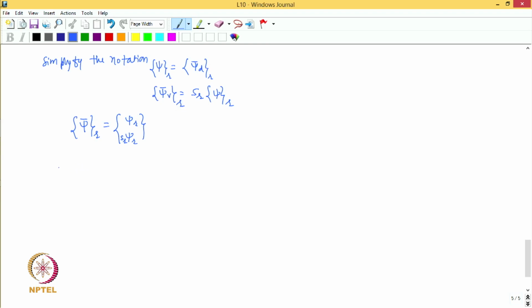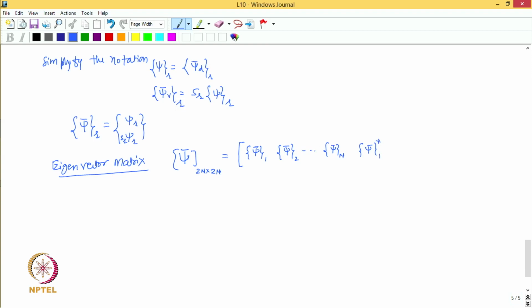So, let us define now the eigenvector matrix. The eigenvector matrix is a matrix of 2n eigenvectors at 2n DOFs, and each column of this matrix is an eigenvector, say psi bar 1, psi bar 2, then psi bar n, then we have psi bar 1 complex conjugate, which is the complex conjugate of the first eigenvector, and then this goes up to psi bar n complex conjugate. Then partitioned into two parts, we write this as psi 1 and psi 1 S1, right.